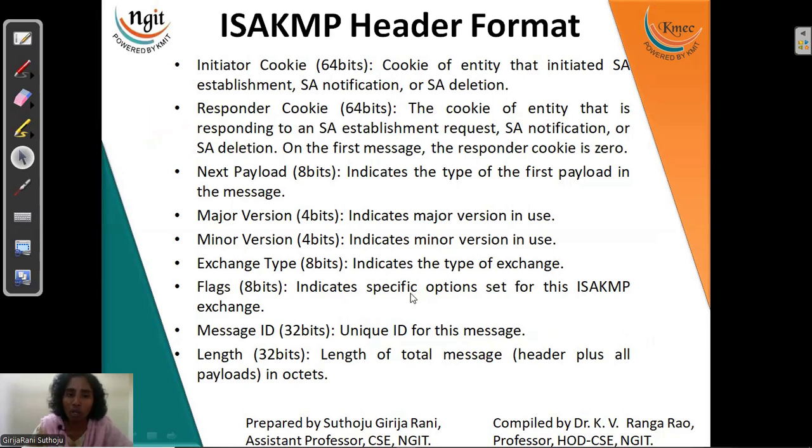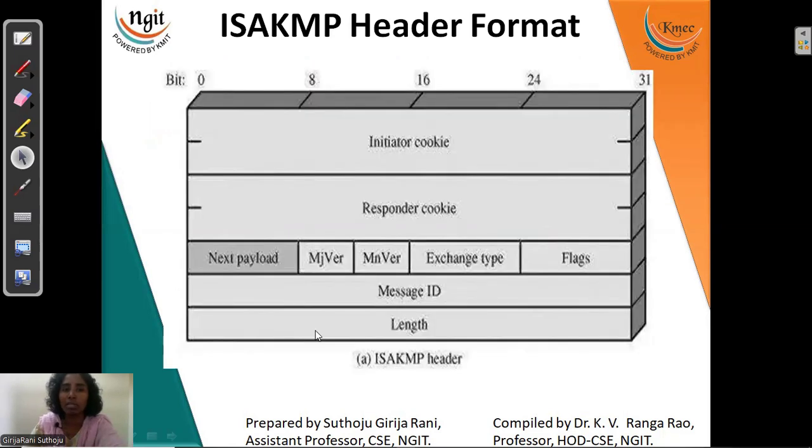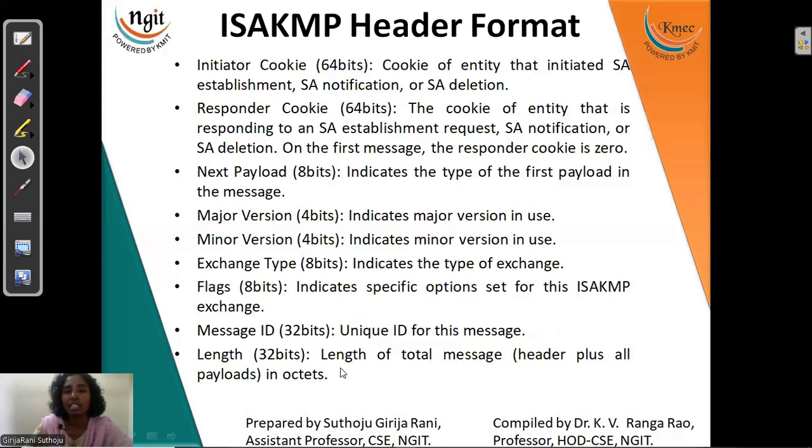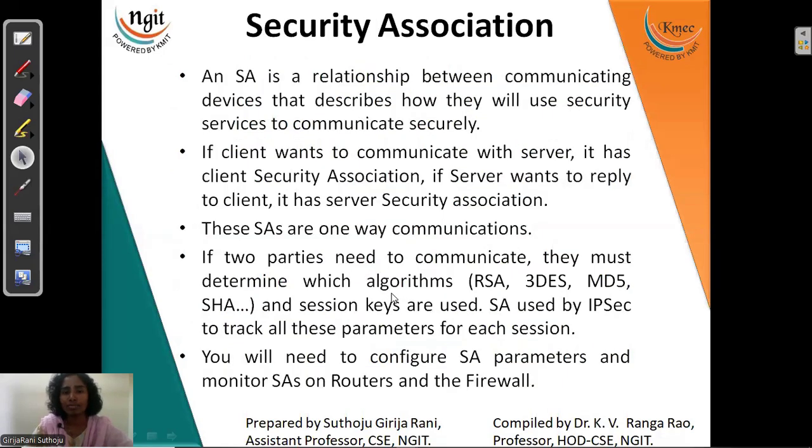So 0 or 1 options will be given by the flag. Now message ID is nothing but a unique ID we give to all the payloads which we are sending through ISAKMP. And the message length indicates exactly the message length. It may be 32 bits. So the length of your message will be given here, right?